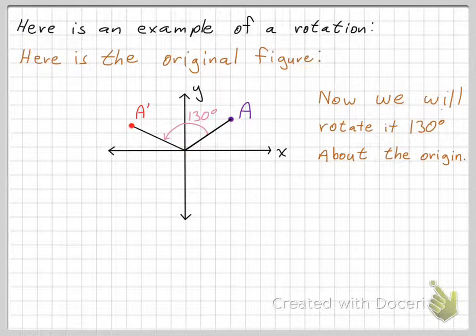So that's a 130 degree rotation about the origin, and we have the original figure A, or the preimage A, and it turns into the image A prime.